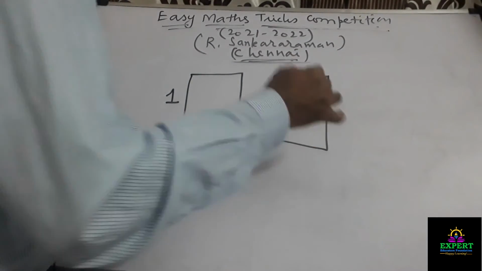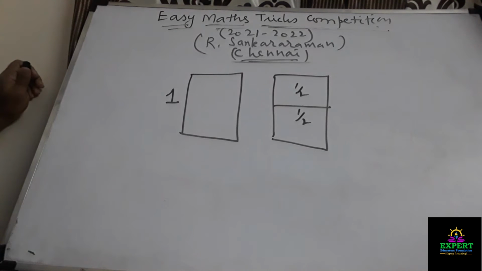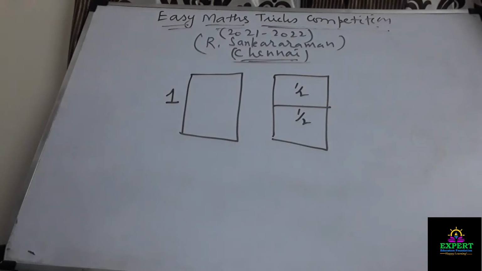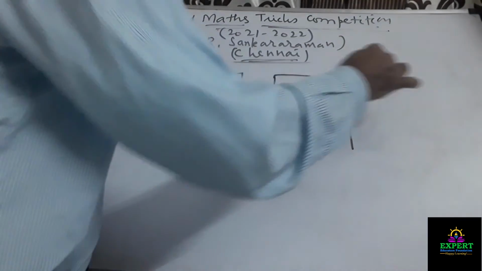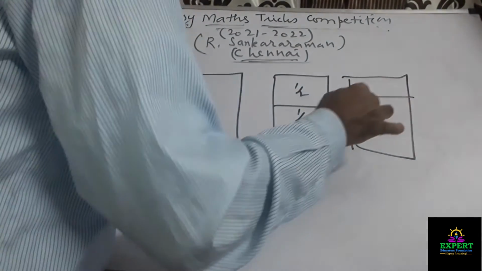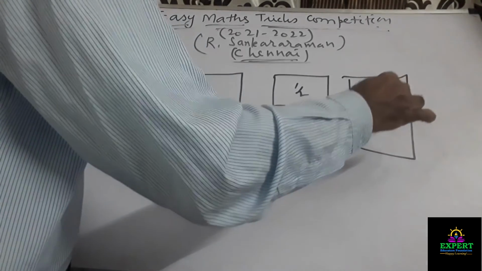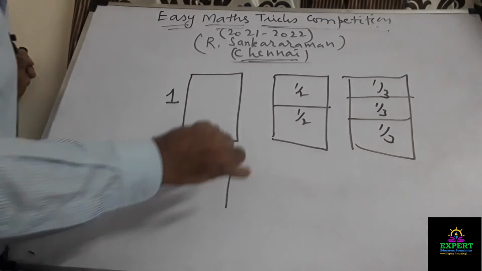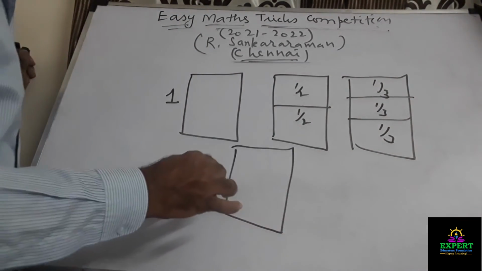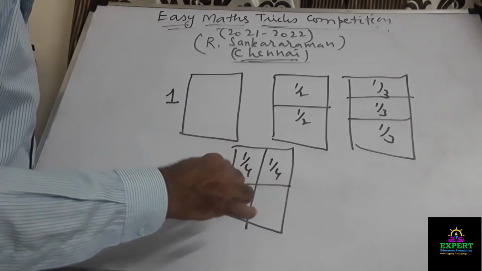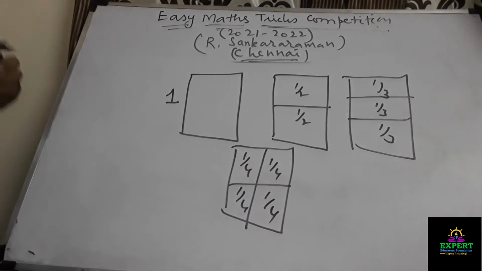I'll fold it into 3 equal parts and unfold. I'll get 3 equal parts like this. This is 1 by 3, this is 1 by 3, this is 1 by 3. I'll fold it into 4 equal parts, and I get 1 by 4 here, 1 by 4 here, 1 by 4 here, 1 by 4 here.